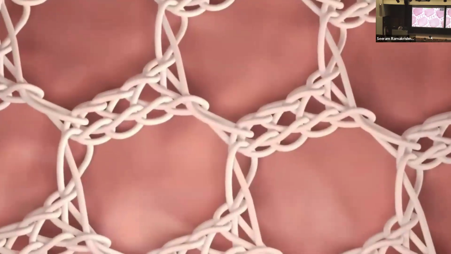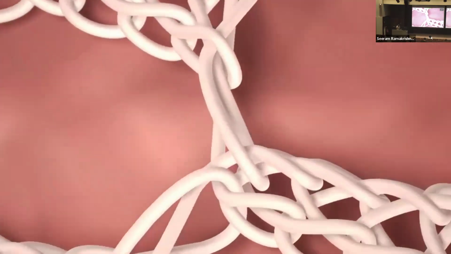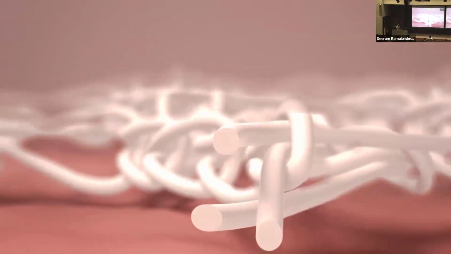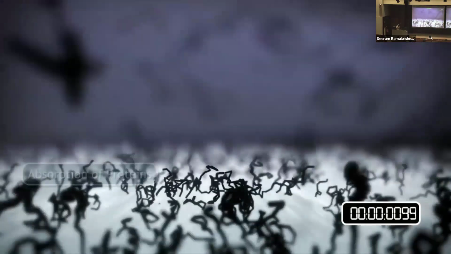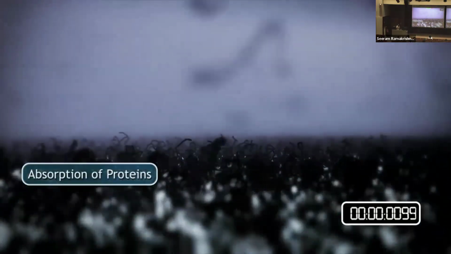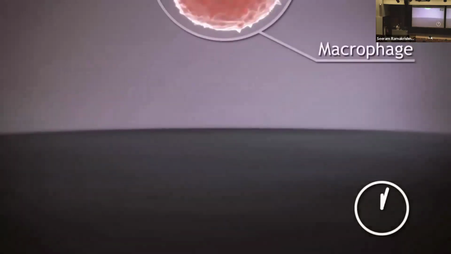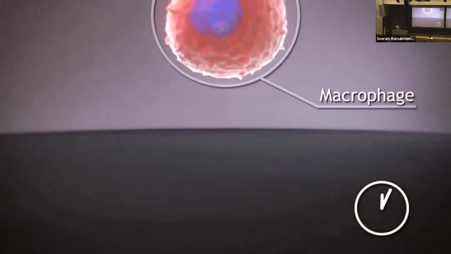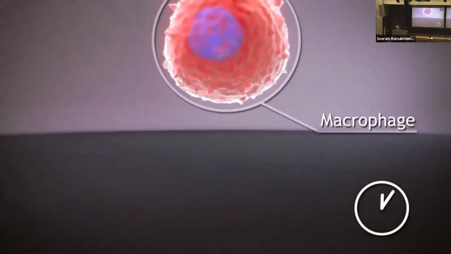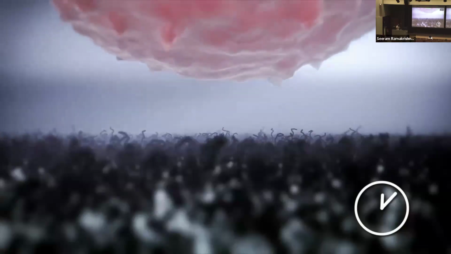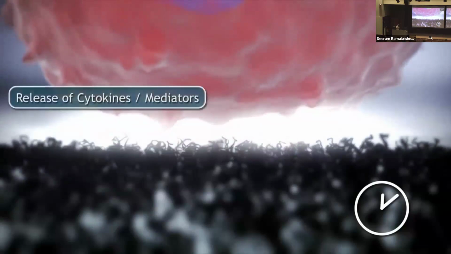Imagine you are stood on the surface of the mesh and can observe what happens here just a few milliseconds after the latter's implantation. Almost immediately after implantation of the mesh, autologous proteins such as albumin and fibrinogen are absorbed on the surface. The changes to and degeneration of the proteins represents a strong immunological stimulus, in particular for the macrophage, which can be found at the interface just a few minutes after implantation.